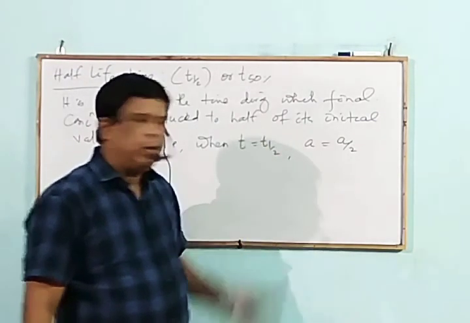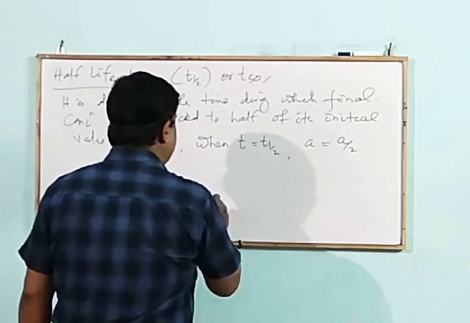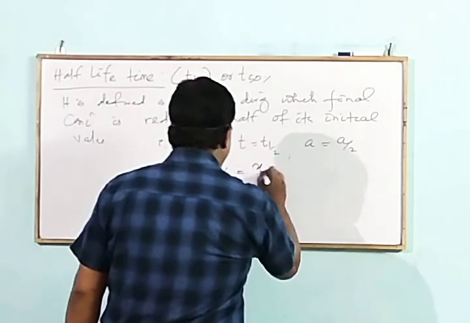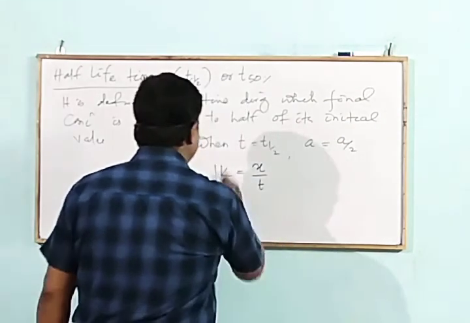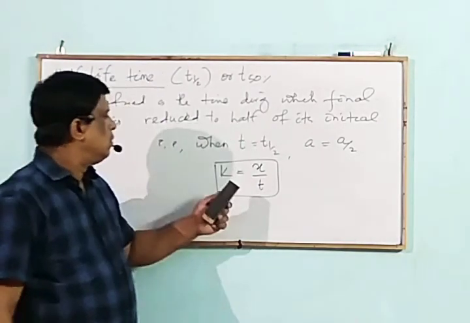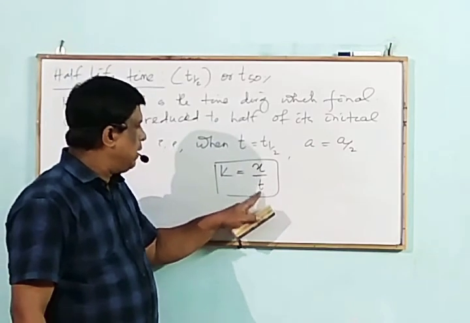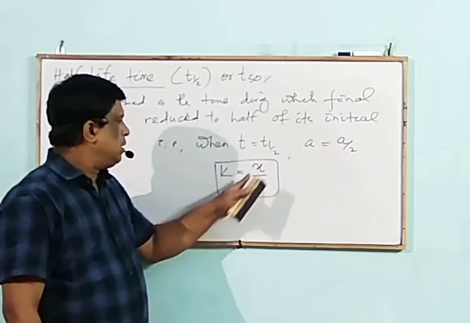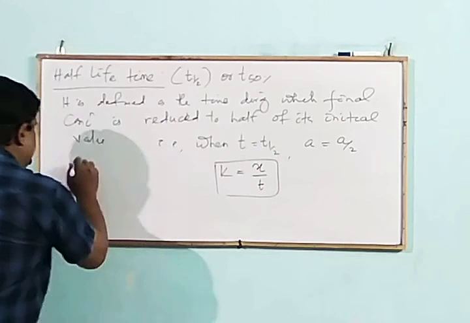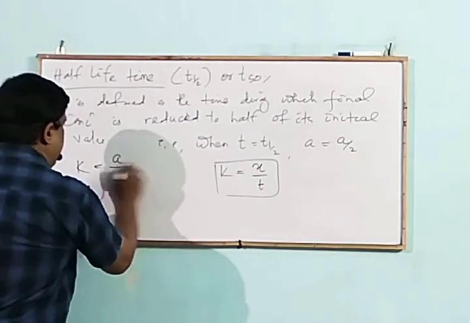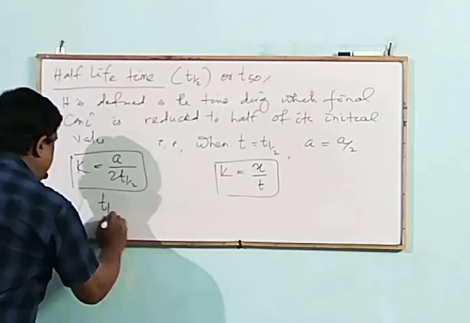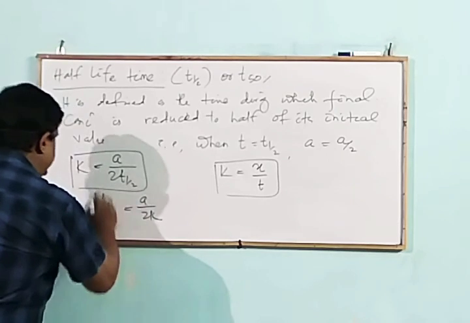So putting this value in the previous equation. What is the previous equation? The previous equation is K is equal to X by T. Mark that. If we put T half instead of T, and represent the concentration as A by 2, then it becomes K is equal to A by 2 T half, or T half is equal to A by 2K.